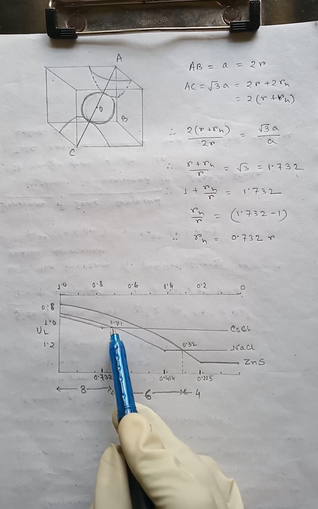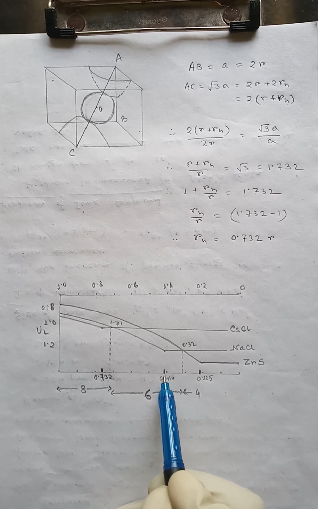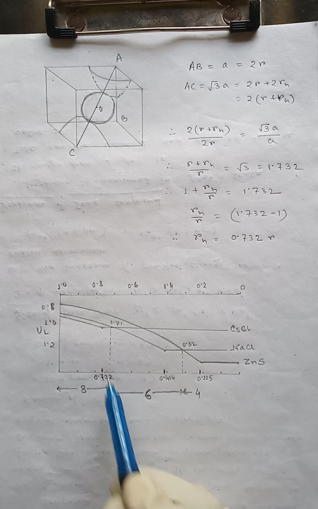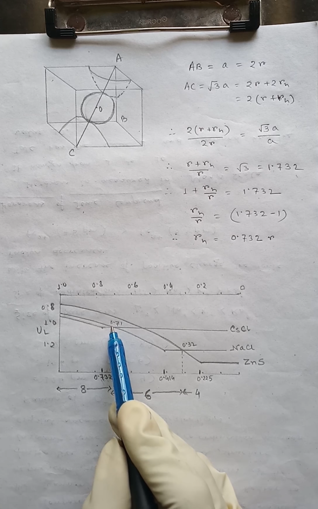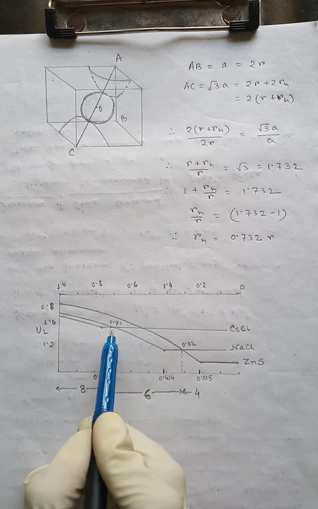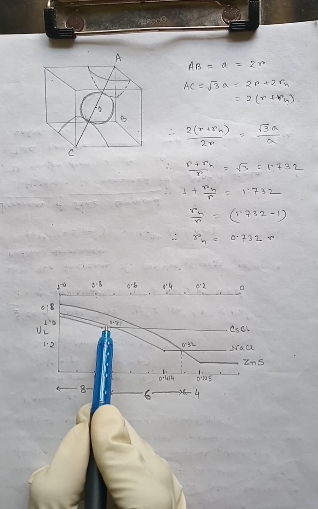And again in this case, from the theory we get that for 0.414 to 0.732, the structure will be NaCl type. But actually if we increase the radius ratio from 0.71, then the NaCl type of compound has lower lattice energy.